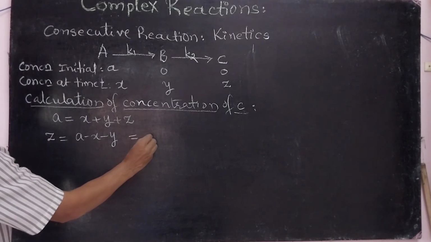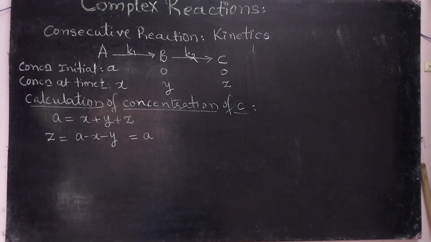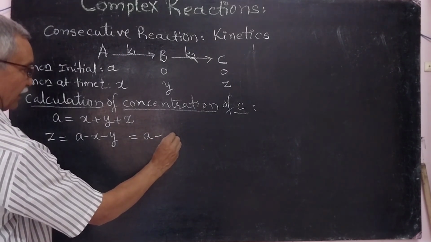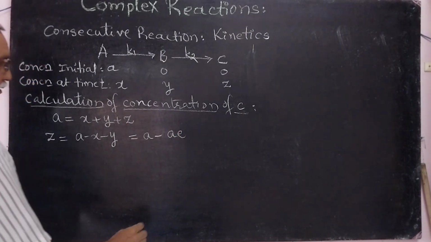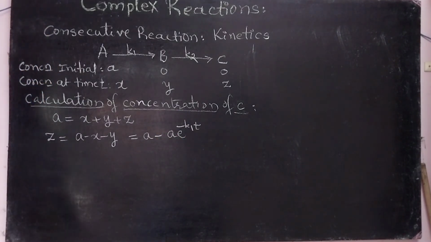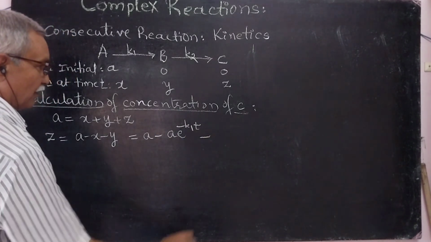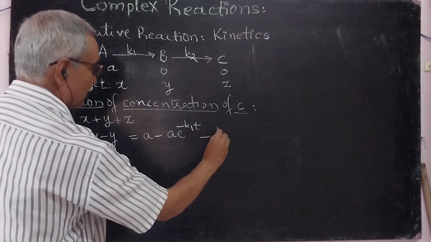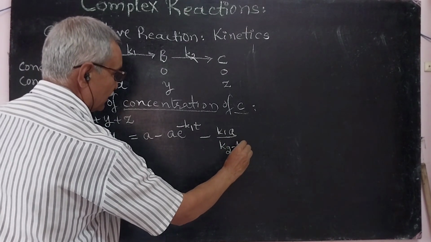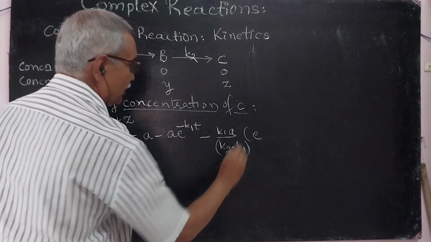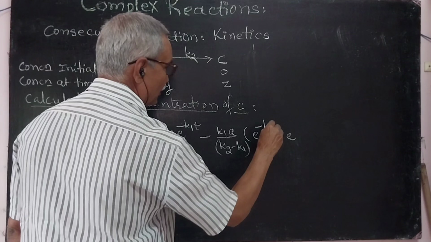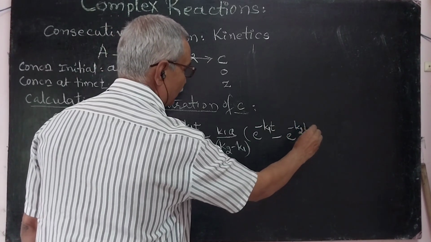That is equal to A as it is, minus A e raised to minus k1t, minus y, which we got, that is k1 a divided by k2 minus k1 into bracket e raised to minus k1t minus e raised to minus k2t.